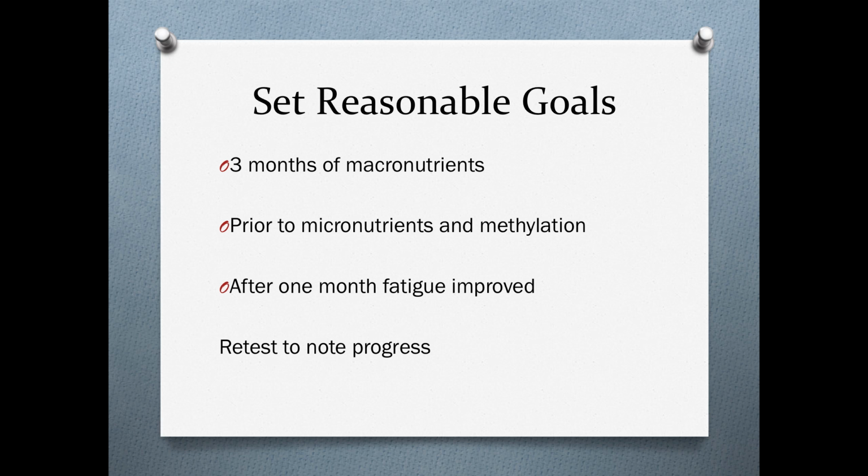We were estimating about 3 months of macronutrients, but after 1 month, the fatigue already had improved. And now, once it began to improve, we slowly started to address the micronutrient and methylation status. But if I would have done that in the beginning, this individual would have crashed and burned and never would have recovered.